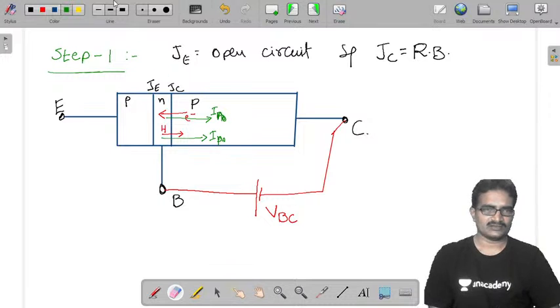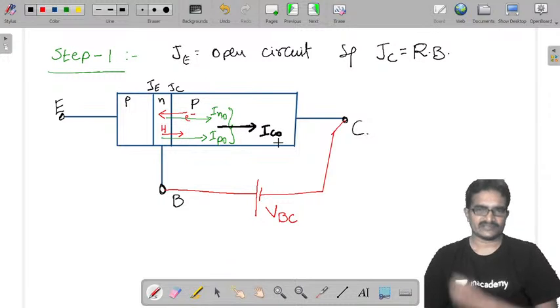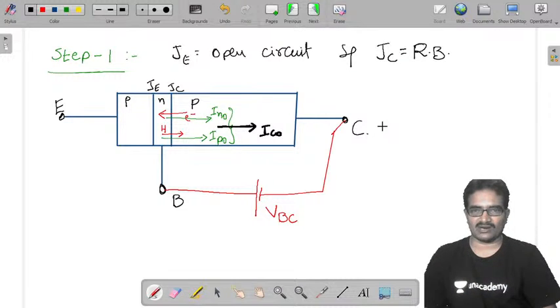This is In naught, this is Ip naught. Now both the currents are in the same direction. I am going to represent them by a single current, that is Ic naught. Ic naught is called the reverse saturation collector junction current.